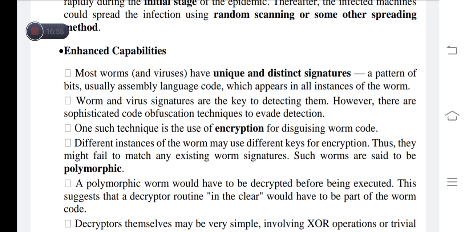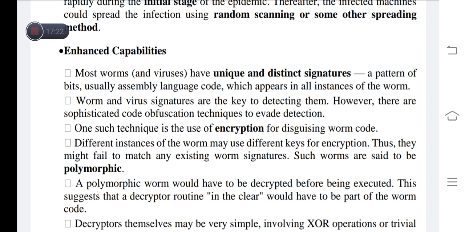However, sophisticated code obfuscation techniques are used to avoid detection. There are various sophisticated codes which create confusion, so that we are not able to identify or detect them.